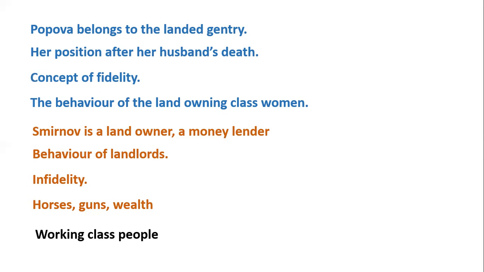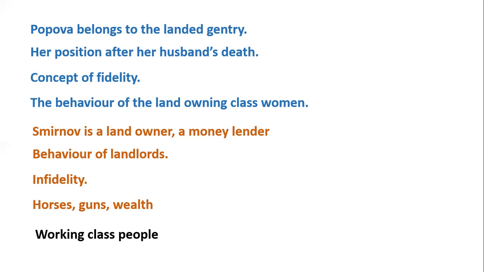But when Smirnov appears, what happens? Now he comes to the dining room and she doesn't wish to see him as she is mourning. He has come to collect 1,200 rubles, which he had lent to Nikolai, Popova's husband.